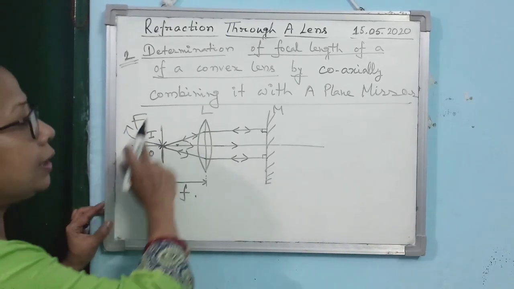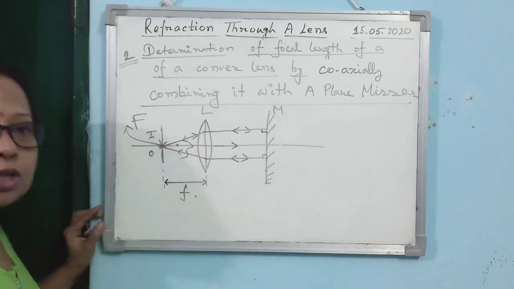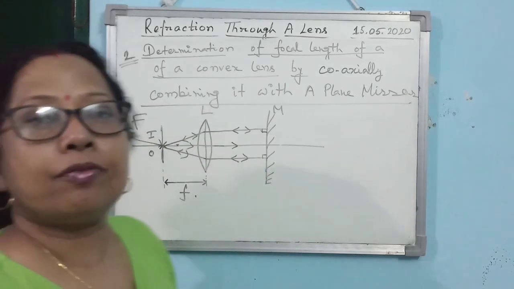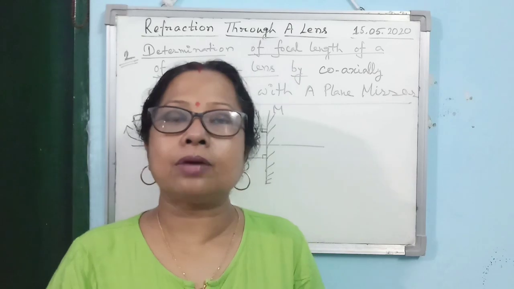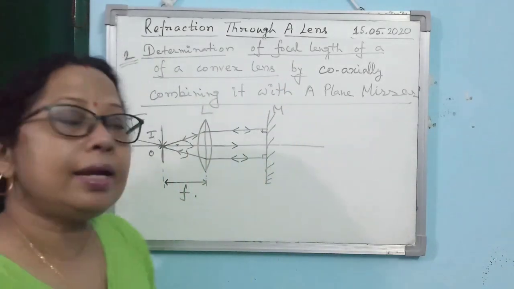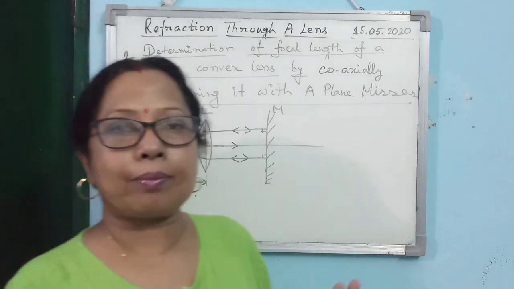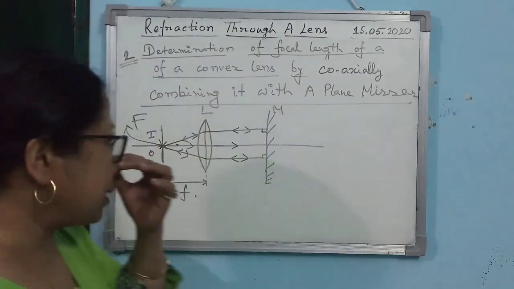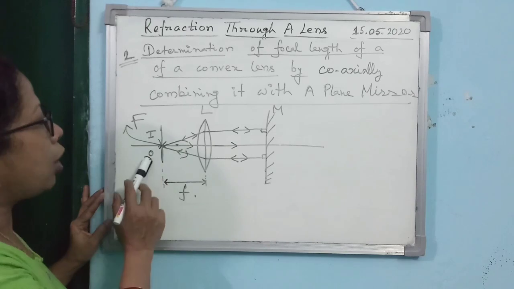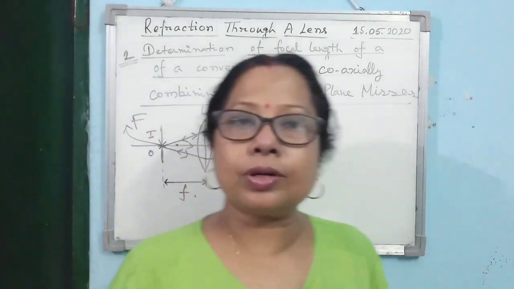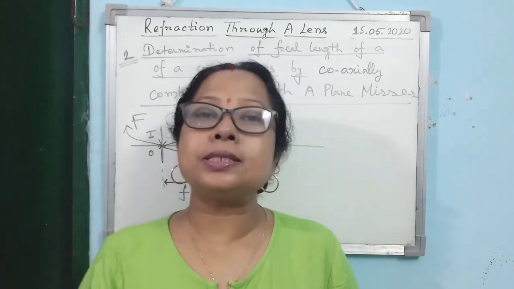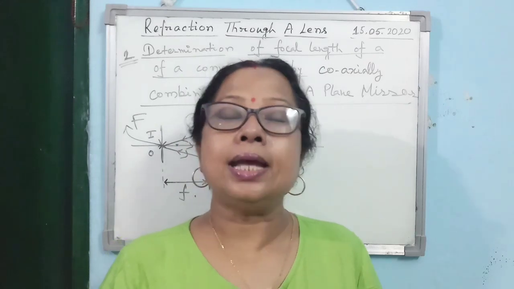Now, what are the probable questions from this topic? It is a very important and very favorite topic of the examiners. So kindly note down the next 3 probable questions I am telling. First, what is the position of the object and image?